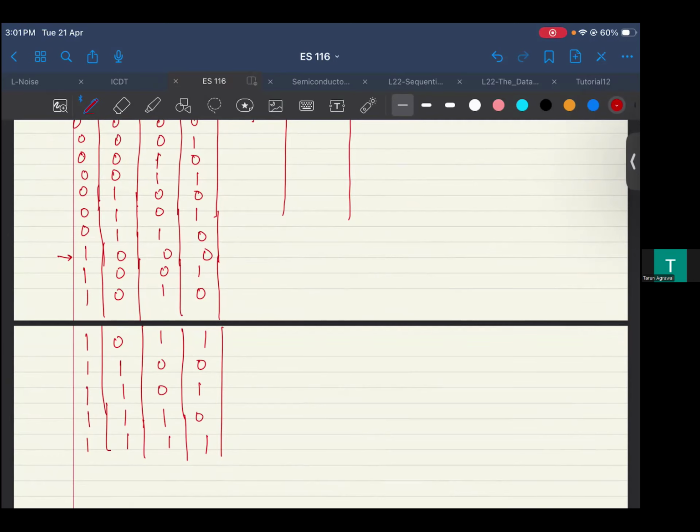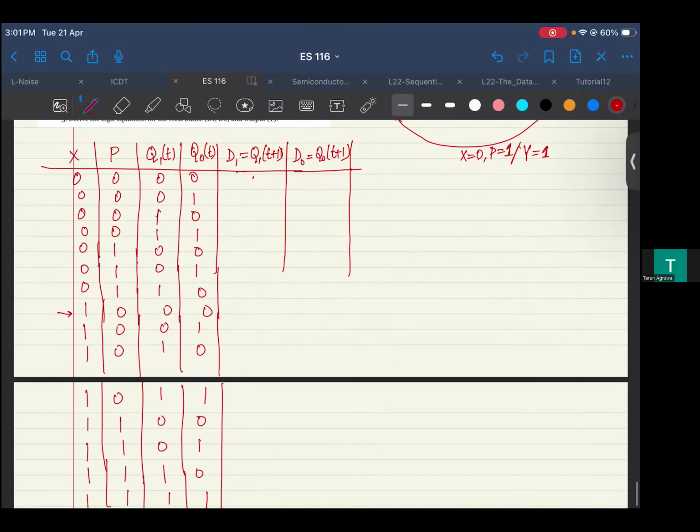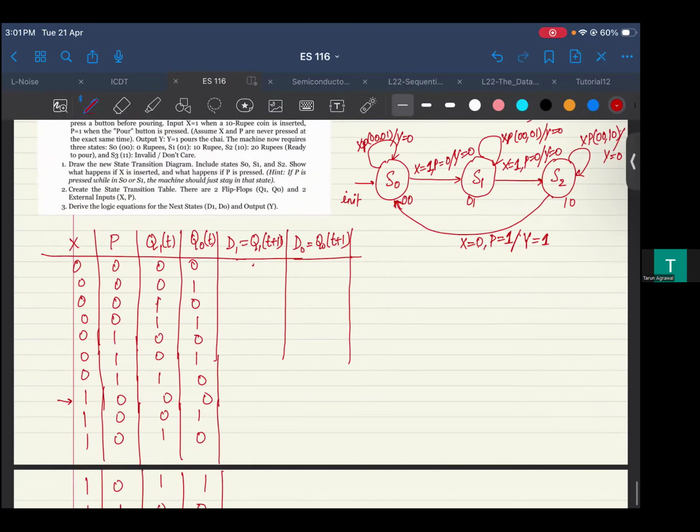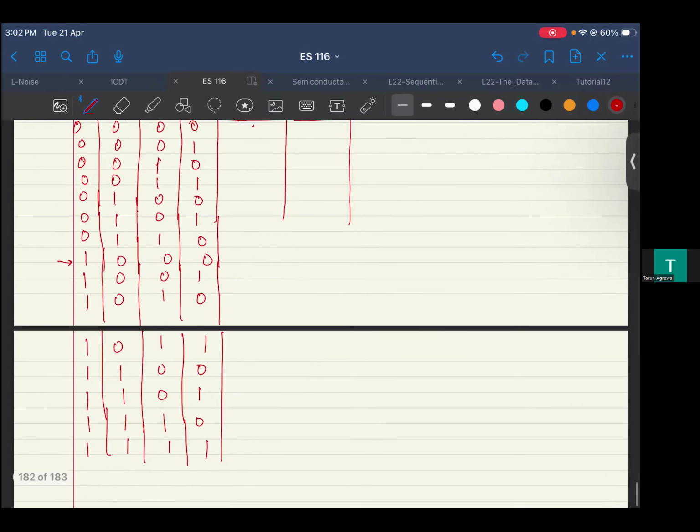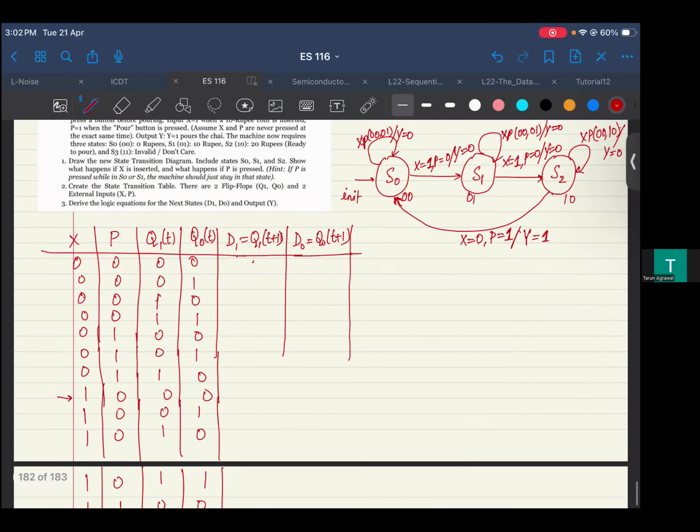So then we see that we need to just fill up this table. Now looking at the state transition, you just look at the states, right? So you are in the 0 0 state. If you are in 0 0 state, when x and p are both 1, let's just see first 0 0.